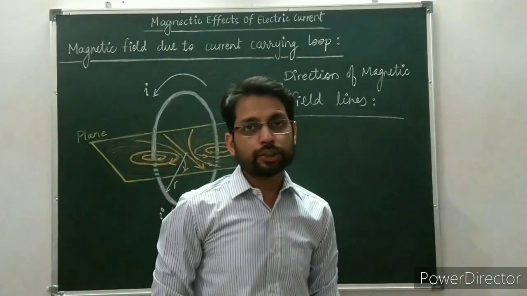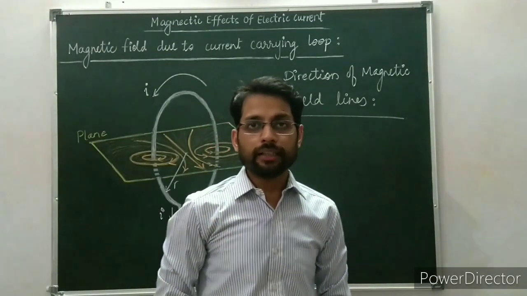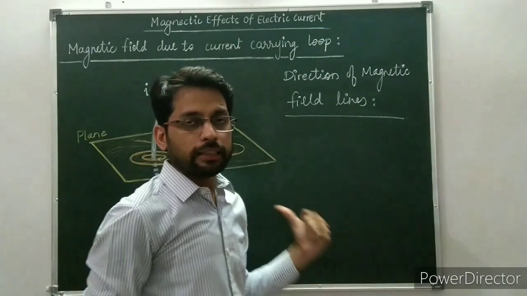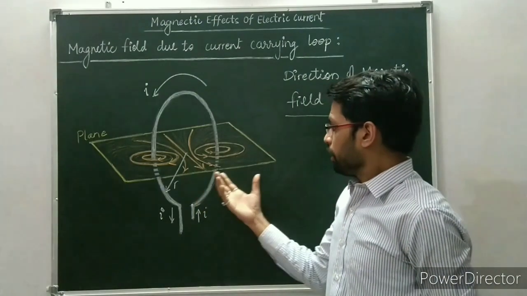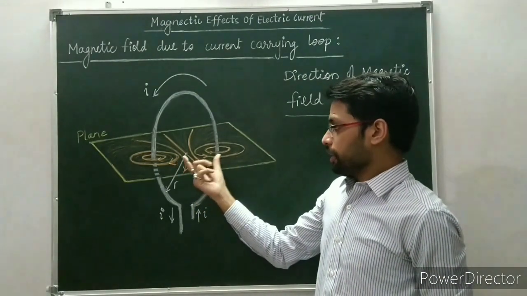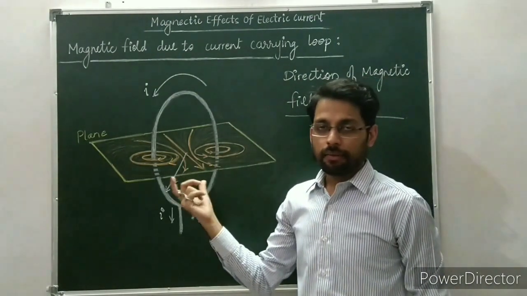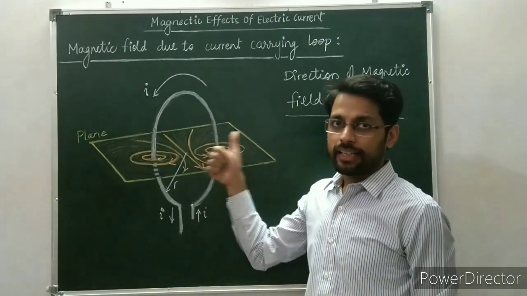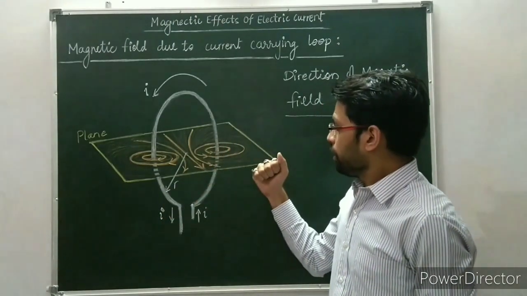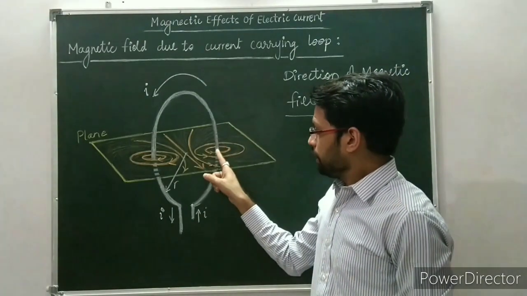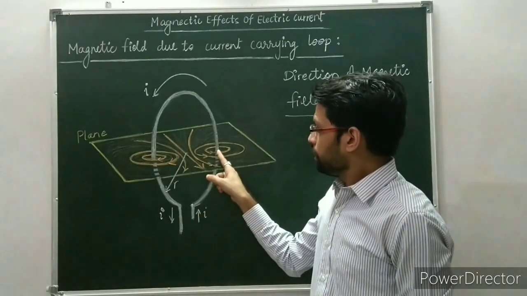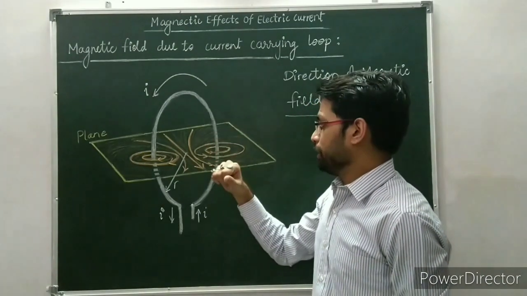Now come to the direction of magnetic field lines produced by a current carrying circular loop. Here the direction of magnetic field is given by the same rule, that is the right hand thumb rule. At this point here, the current in the loop is flowing in upward direction.